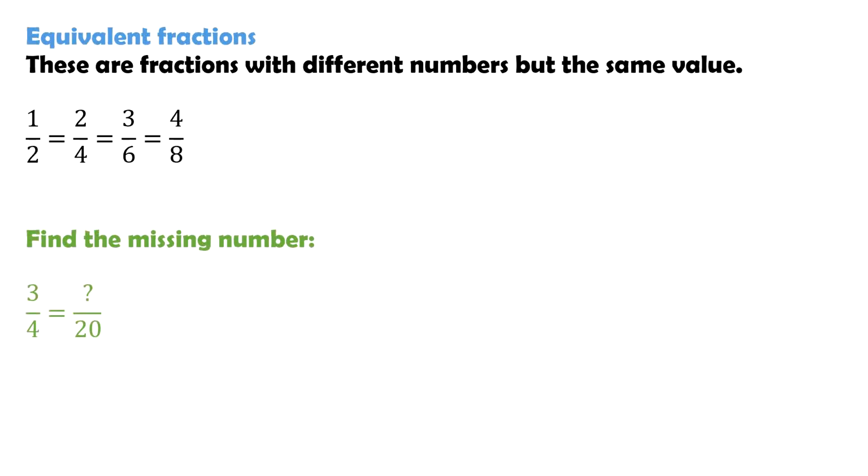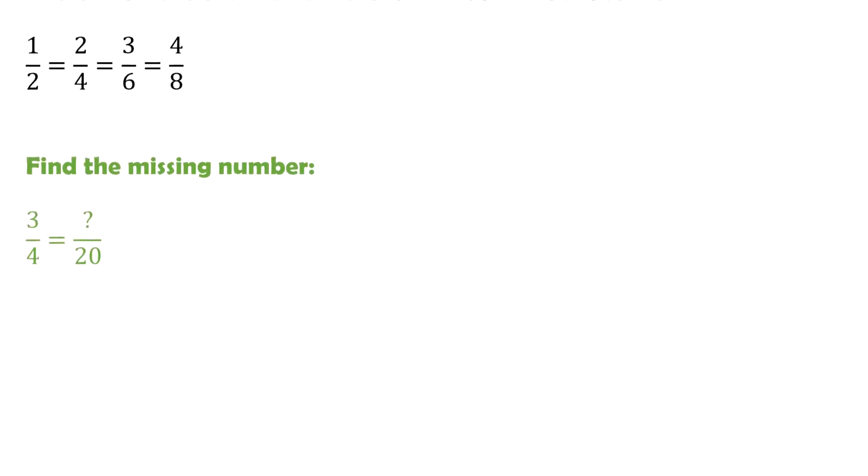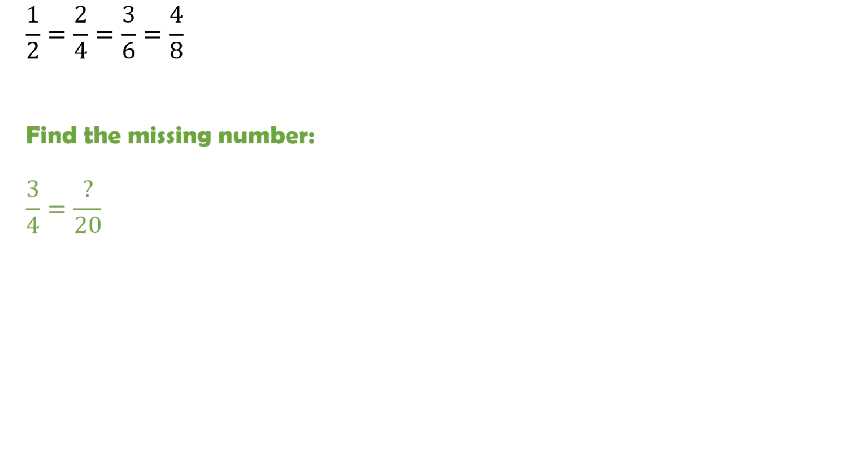Sometimes you'll be given an example and asked to find the missing number. We need to do this by finding what our common multiple is, because there's always a common multiple. In the example at the top, 1 over 2, 2 over 4, 3 over 6, each time we've multiplied by 2. So there's a common multiple going on there.